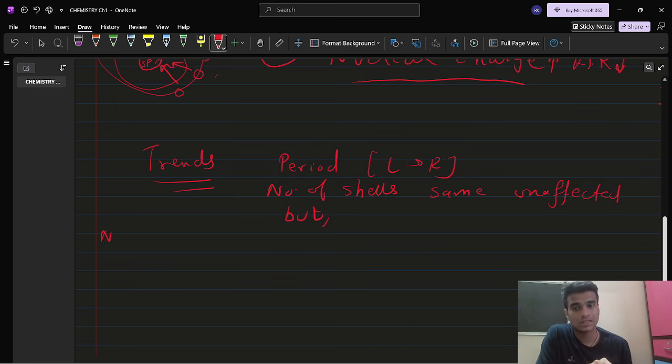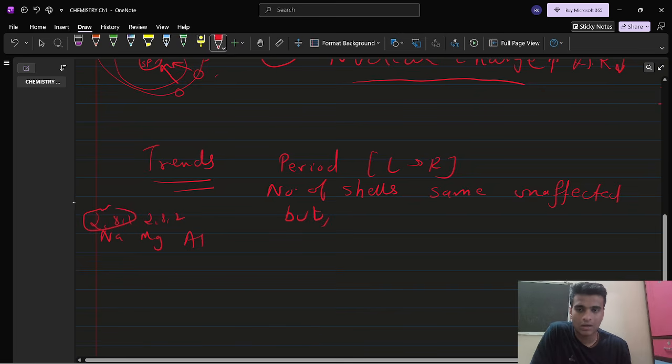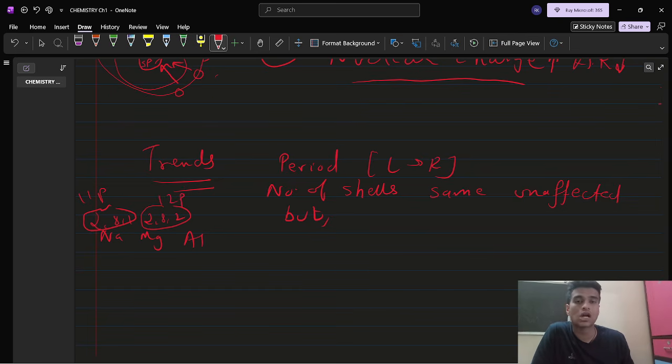But nuclear charge increases. Why does nuclear charge increase? Check. 2,8,1, 2,8,2. इसमें 11 protons हैं, but this has 12 protons. What was nuclear charge? Nuclear charge was the charge of the nucleus, which means the charge of the proton, क्योंकि न्यूट्रॉन has no charge. तो इसमें obviously अगर ज्यादा है प्रोटॉन्स तो इसका चार्ज भी ज्यादा होगा.